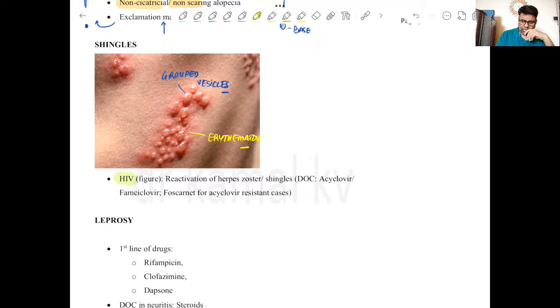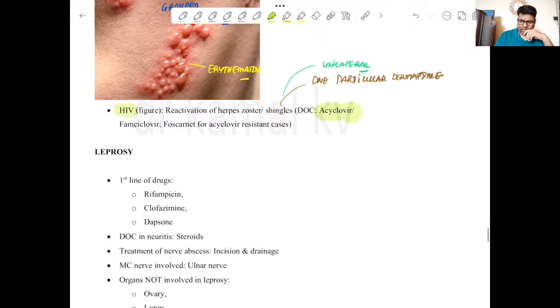And this is seen along one particular dermatome, clear, and this is unilateral, only on one side. So very easy to identify clinically, and yes, we need to give antivirals like acyclovir or famciclovir.